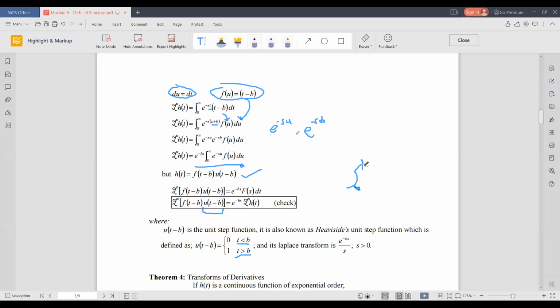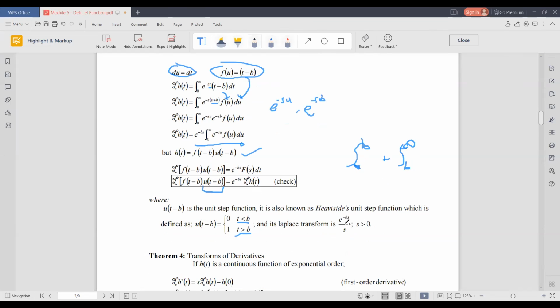So 0 to b, then you have your integral of b to infinity. Okay. So ito yung Laplace transform niya where s is greater than 0.